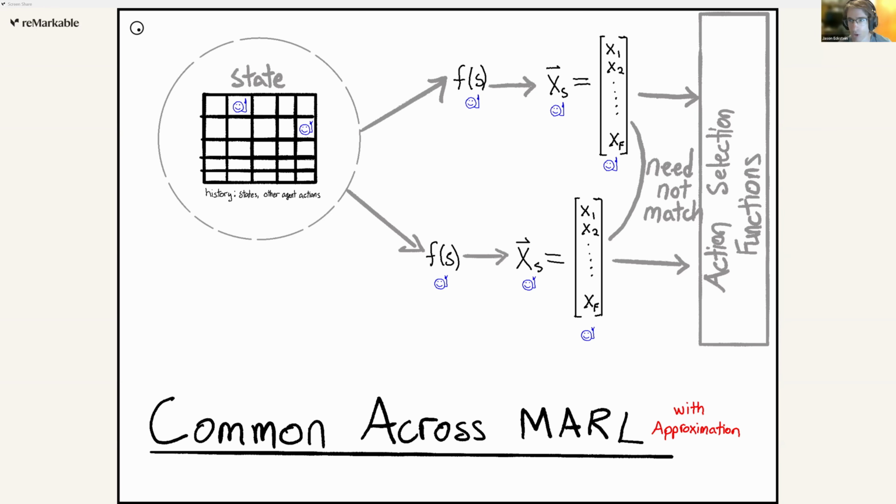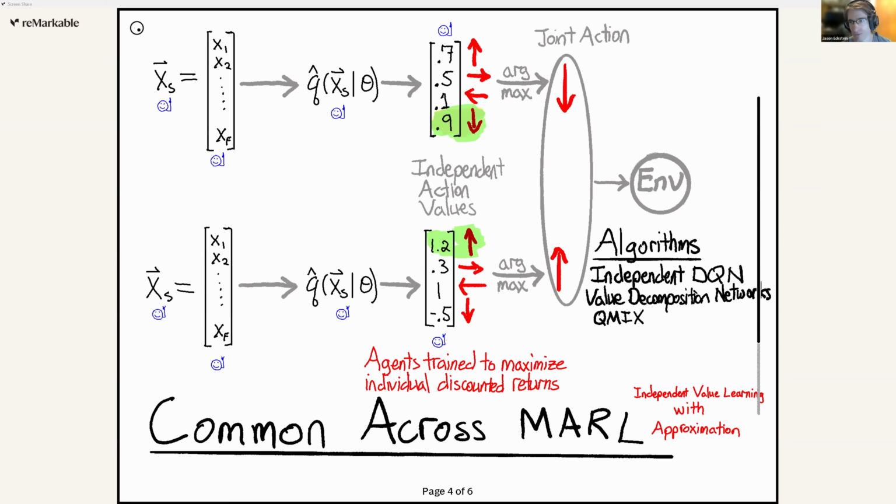Okay, so from here I'm going to show the initial approach that we used to using this information with approximation to solving problems, and that was a form of independent learning where we just learned action values, which is similar to what you would do in single agent reinforcement learning. So, going to see if this makes sense.